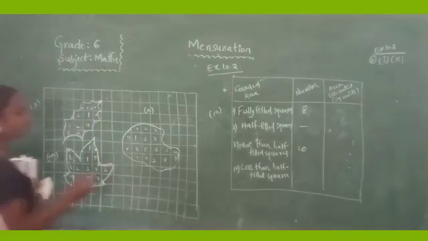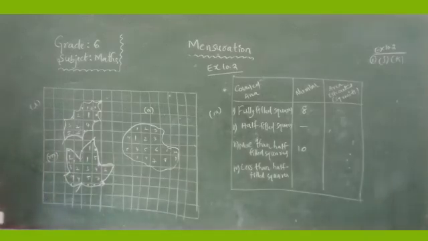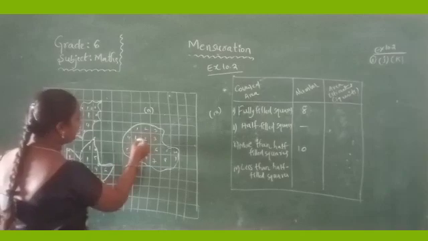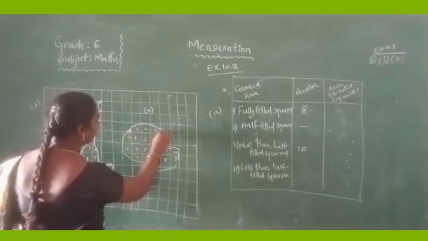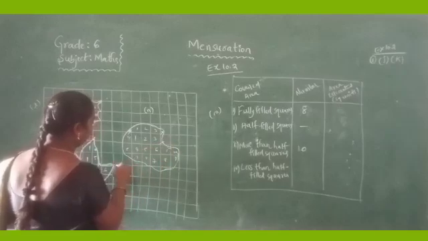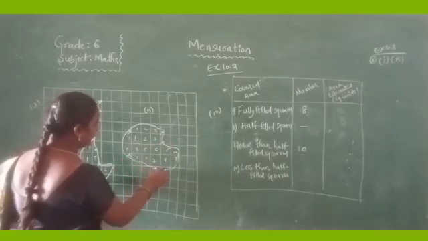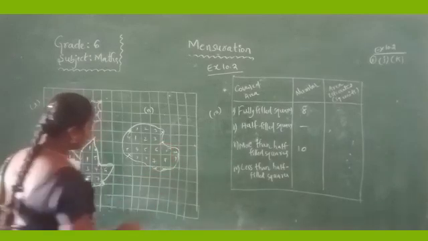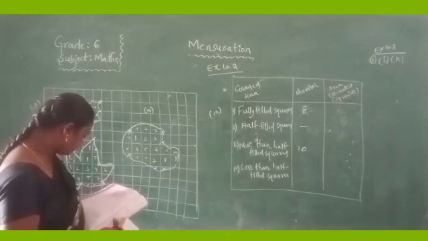Now write the less than half filled squares. Less than half filled squares are how many? So less than half means, this is 1, 2, 3, 4, 5, 6, and is there any more after 6?